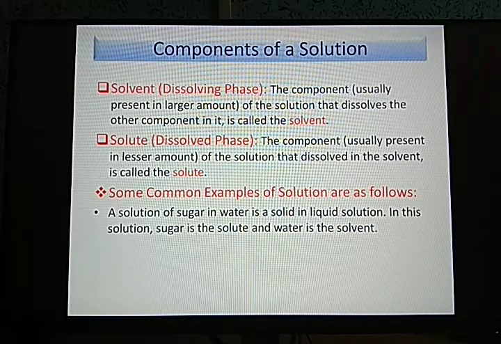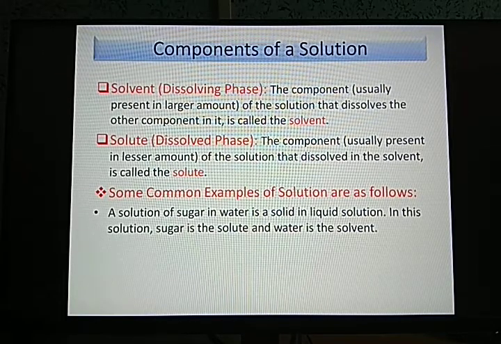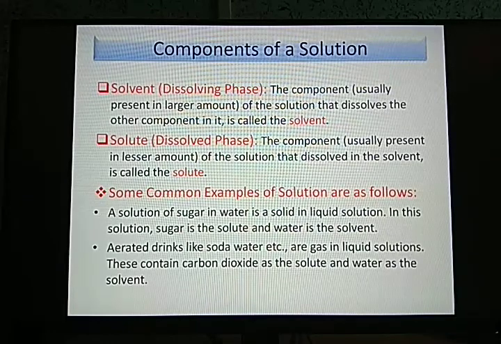That's what I said a while ago, that when you mix sugar in water and make a solution of it, then the sugar will be the solute and water will be the solvent, because water is in larger quantity than the sugar. Now the next example we can see is aerated drinks like soda water. What are aerated drinks?